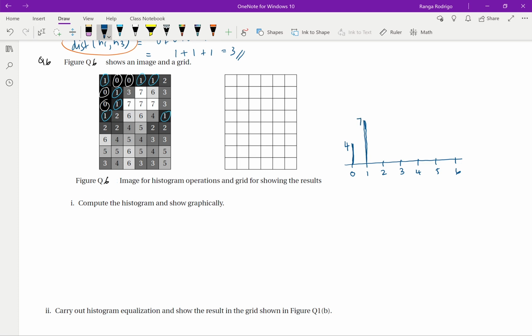Then pixels with intensity 2. 1, 2, 3, 4, 5, 6. I hope that's correct. 6.